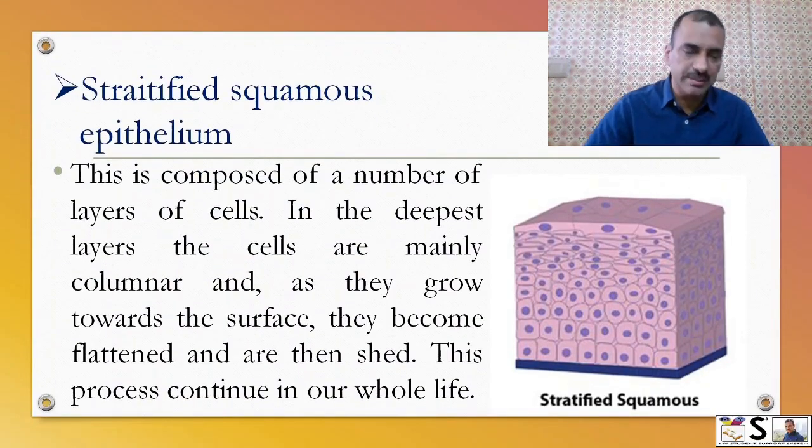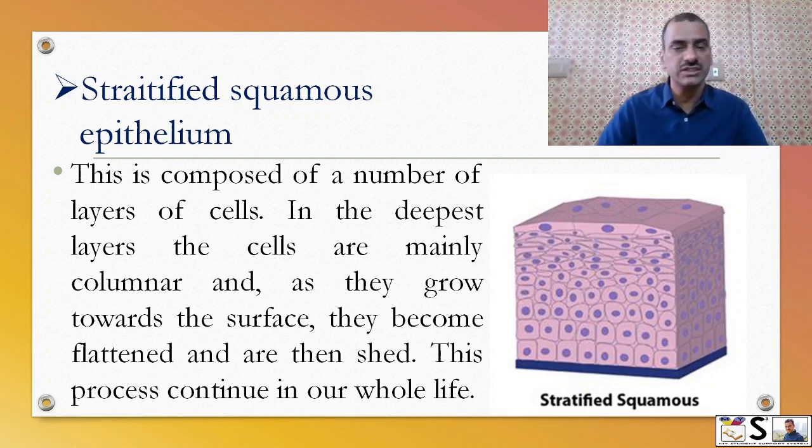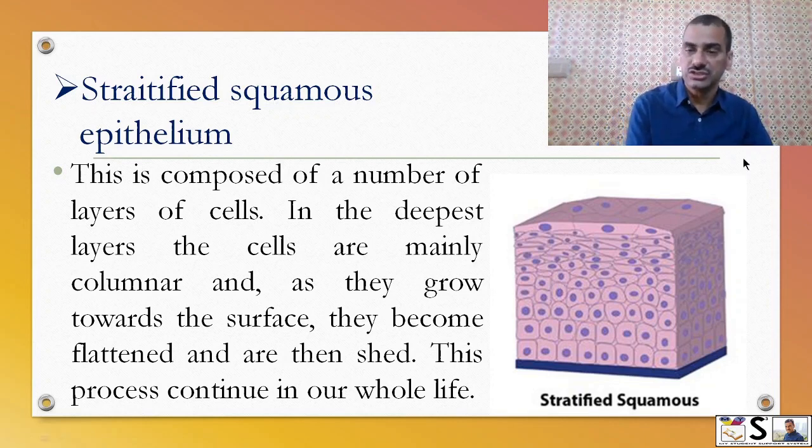Stratified squamous epithelium is composed of a number of layers. You can see 1, 2, 3, 4. A lot of layers are there. Below they are columnar, then they change to cuboidal and finally they become flat. In the deepest layer, the cells are mainly columnar and as they grow towards the surface, they become flat and then finally they shed off.